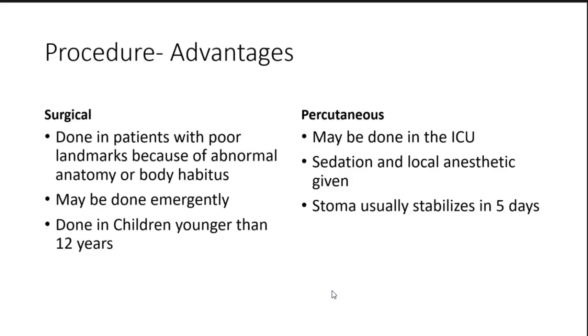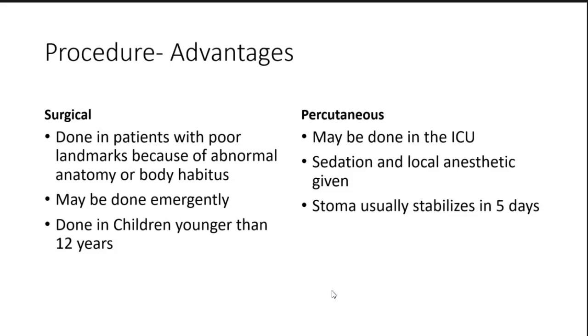Okay, so the procedure, some advantages for surgical. Next page, 768. There's a table that goes through this information. The advantages of the surgical tracheotomy procedure is that it can be done in patients with poor landmarks or abnormal anatomy. It can be done emergently, and it can be done on children younger than 12 years of age.